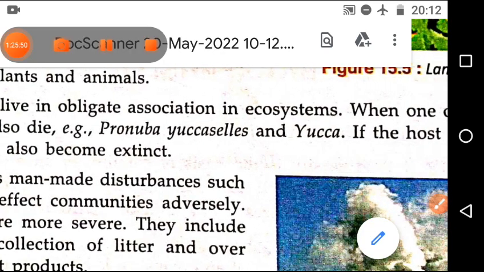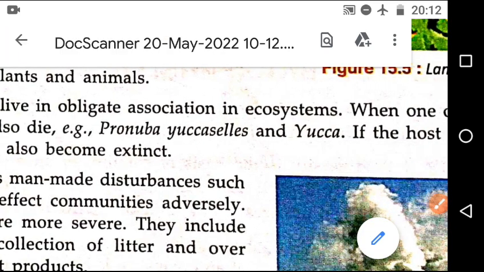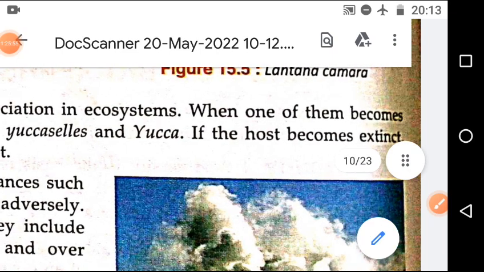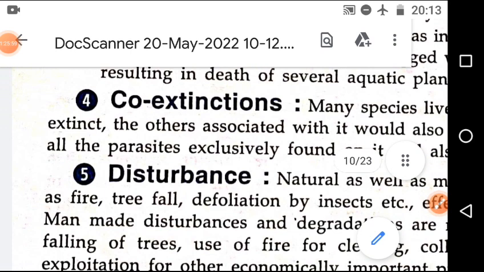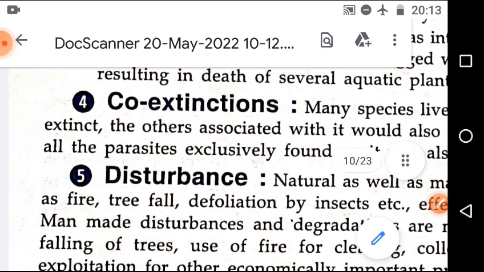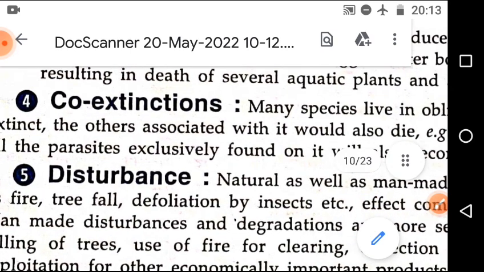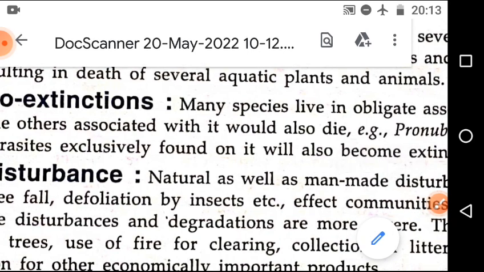And when one of them becomes extinct, the others which are associated with that particular species will also die. So there are many species which live together mutually, and if one of the species gets extinct, the other species automatically die.